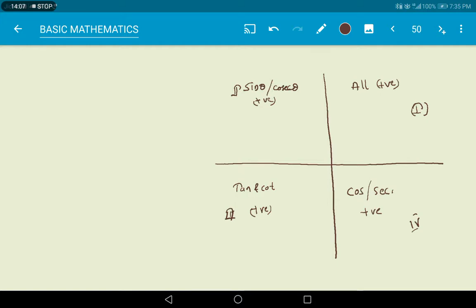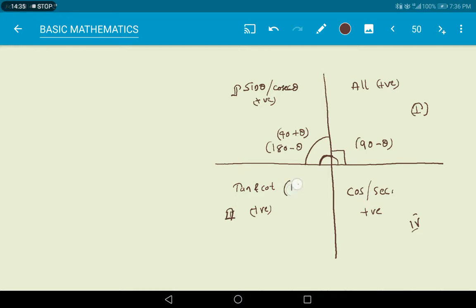Okay, so in the first quadrant we can write the angle 90 minus theta, and in the second quadrant we can write 90 plus theta or 180 minus theta, because till here the angle is 180, so below this we can write 180 minus theta.